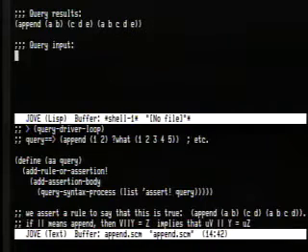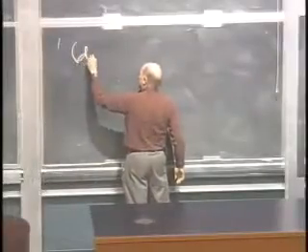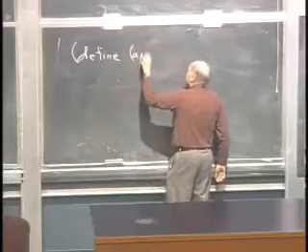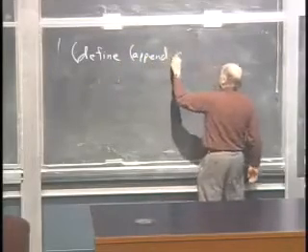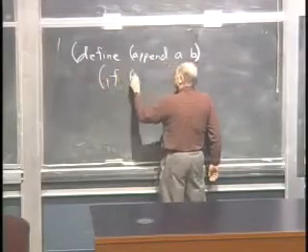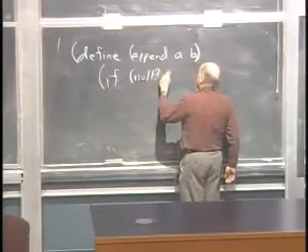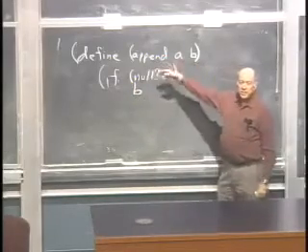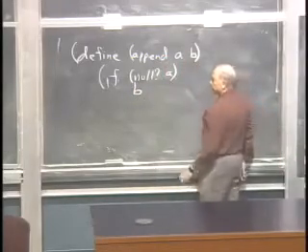Well, how does that work? For reference, let me put up on the board here a Scheme version of append. It says if null A, then B. So append the empty list to something gives the something.